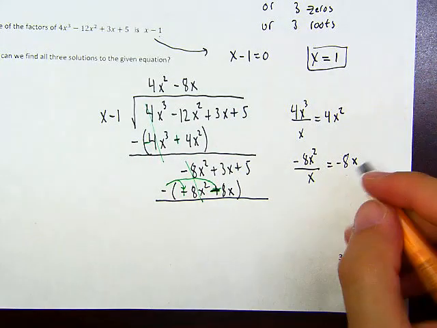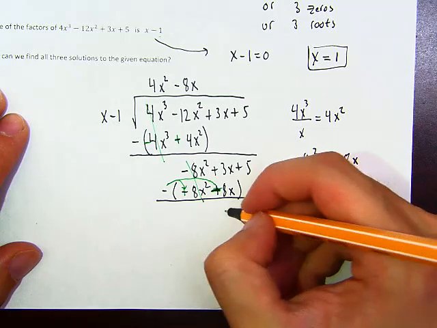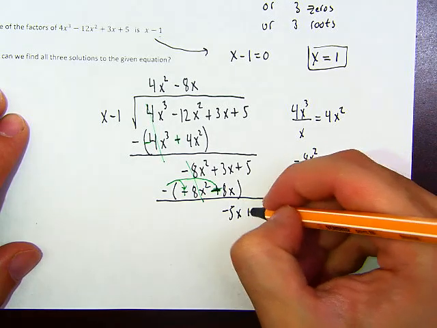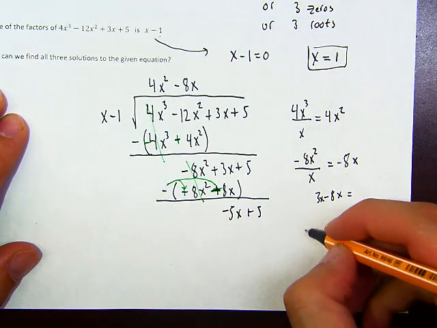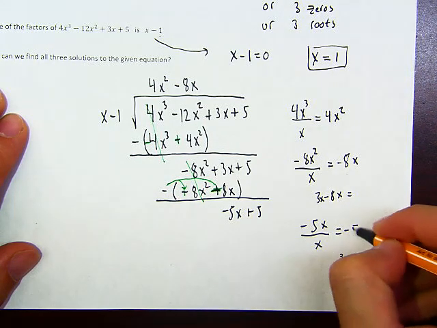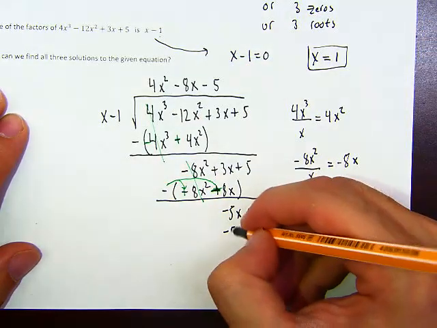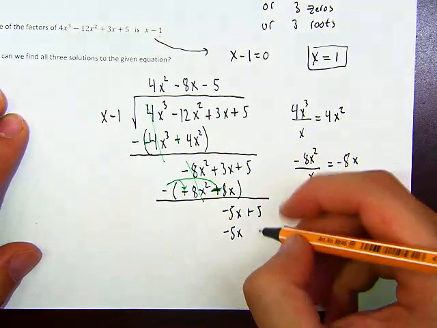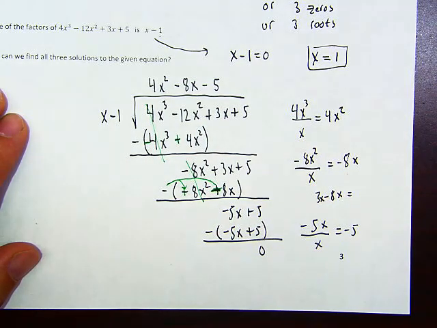So what is 3x minus 8x? That's negative 5x plus 5. And now how many times does x go into negative 5x? Negative 5x over x is negative 5. Negative 5 times x is negative 5x, and negative 5 times negative 1 is 5. I subtract, and I get 0.